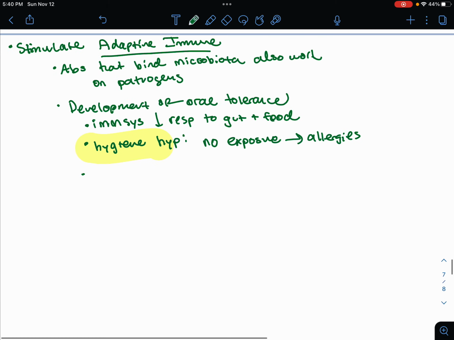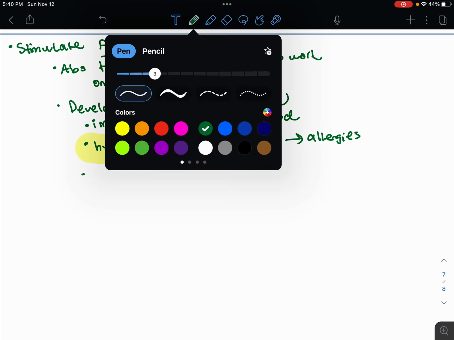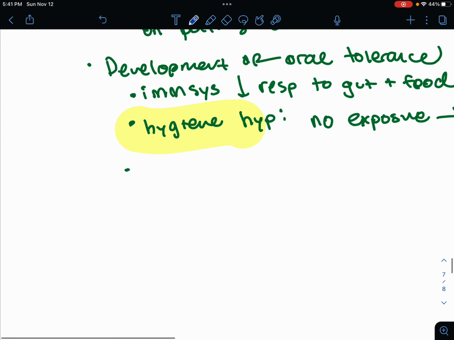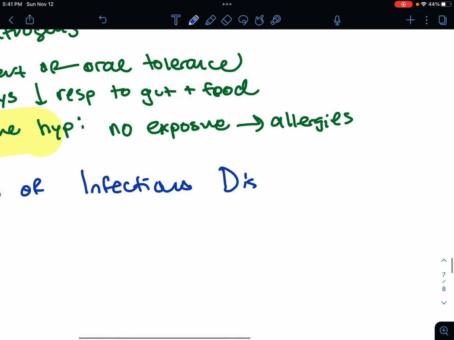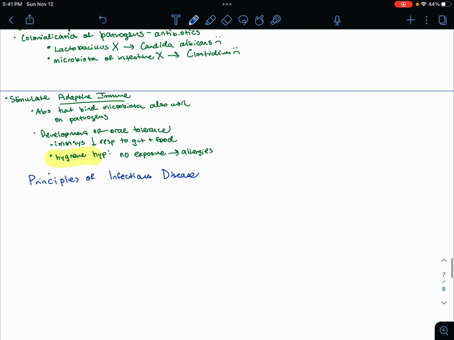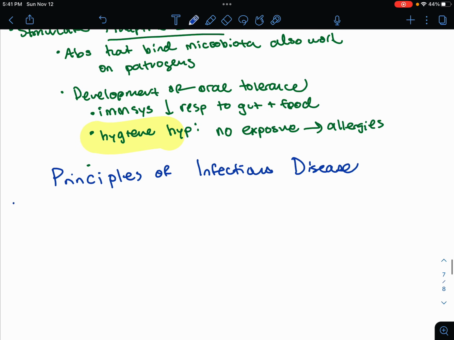Alright, let's talk about the principles of infectious disease now. Our first principle, we've already talked about this, colonization.